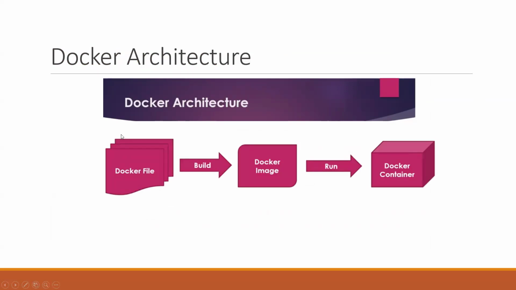From tomorrow onwards, we will create the Dockerfile. A Docker image contains a base OS, libraries, as well as your application. So we will create our own Docker image with our application. With the Dockerfile, we build the Docker image, and from the image, we can run the Docker container.